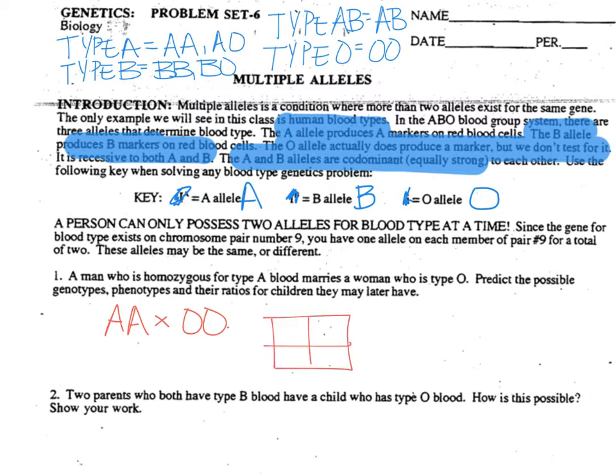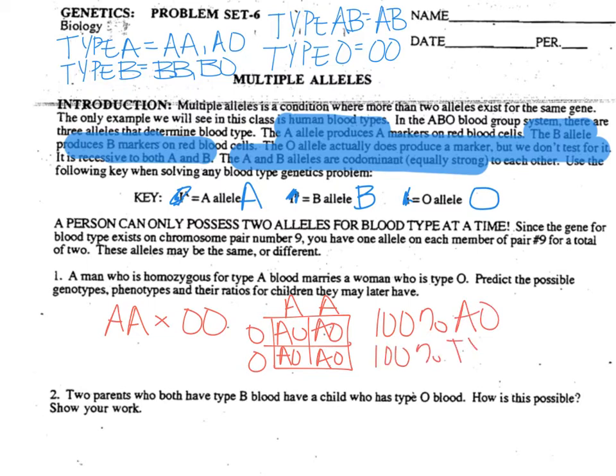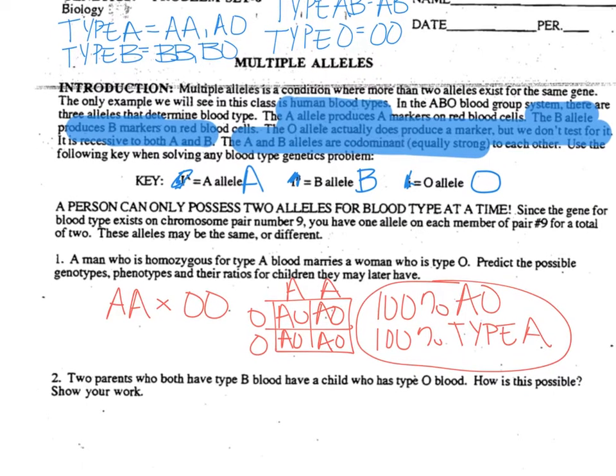All right, you fill out your Punnett square just like usual. Okay, and you will get 100% AO for the genotype, 100% type A for your phenotype. And that would be your final answer.